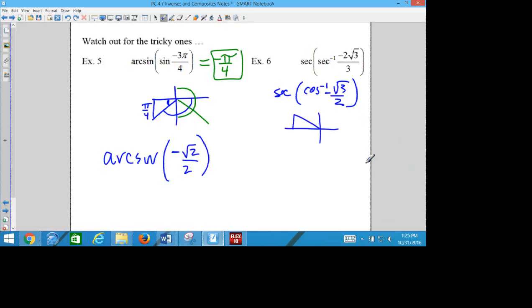It should be over here, and I think it's 5π/6, right? And then you do the secant at 5π/6, which is finding the cosine and then flipping it. So the answer is -2 radical 3/3.